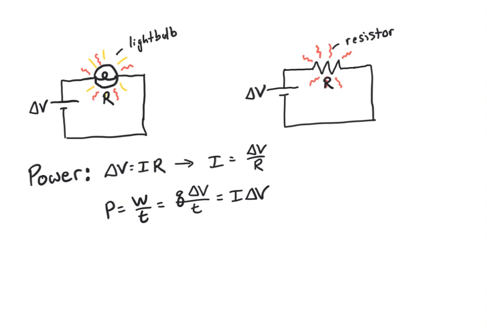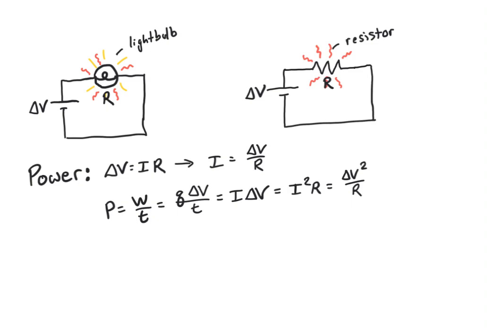We can use Ohm's law to rewrite this in three different ways. I can get rid of delta V from this expression, and I can write this as I squared R, or I can start from over here and replace I by delta V over R, and I can also write this therefore as the potential difference squared divided by R. So there are three different ways that we can write down the power used by an electrical element in a circuit.